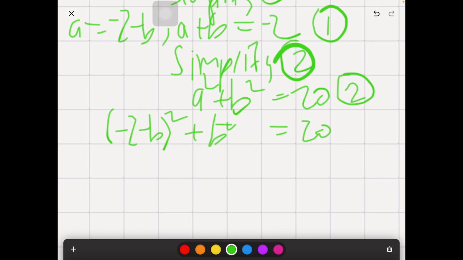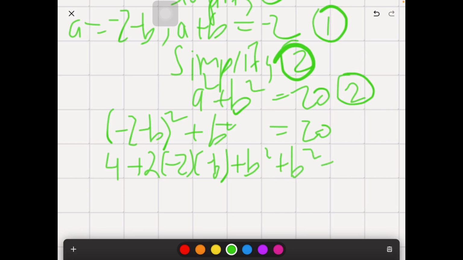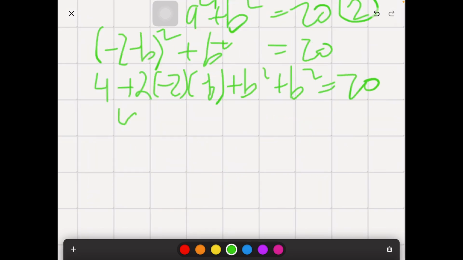And then if we do some expanding, we get 4 plus 2 times negative 2 and times negative b plus b squared is equal to 20. This would be 4 plus 4b plus 2b squared is equal to 20.